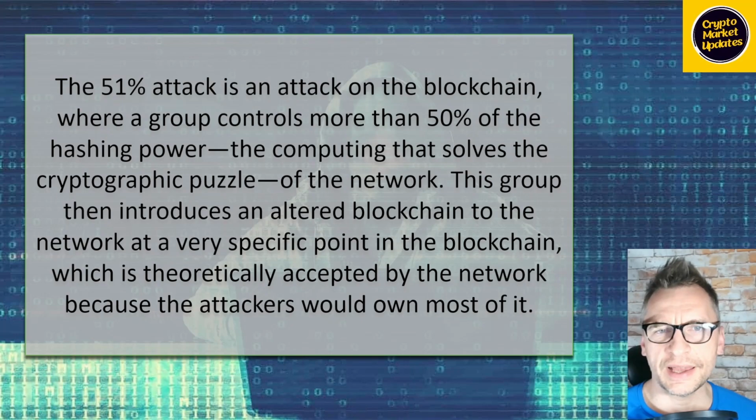The 51% attack is an attack on a blockchain where a group controls more than 50% of the hashing power, the computing that solves the cryptographic puzzle of the network. This group then introduces an altered blockchain to the network at a very specific point in the blockchain, which is theoretically accepted by the network because the attackers would own most of it.